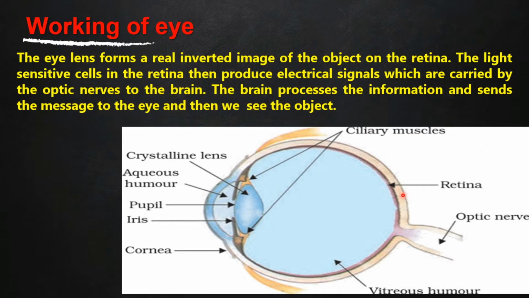So firstly the inverted image will be formed on the retina, and through the sensitive cells the impulse will be carried to the optic nerve. From the optic nerve it reaches to the brain. The brain will interpret the image and will send the message to the eye.